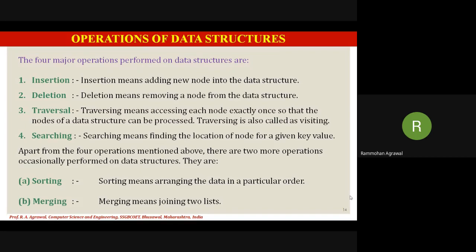In searching, once the element you are searching for matches the element at the second position, it will break from there and come out of the search. It will not search the third, fourth, fifth, sixth, up to the 10th element. Once a match is found, it comes out of the searching.